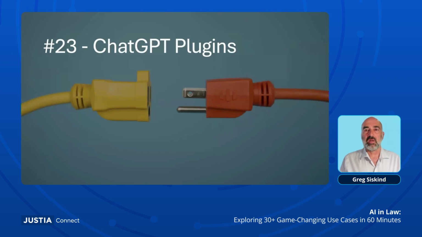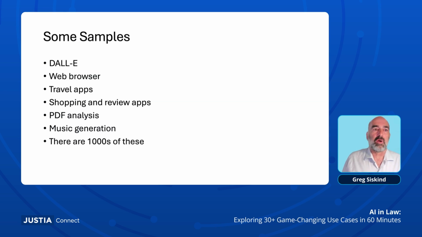ChatGPT plugins are also another one that's not per se a use case, because there are a million use cases that come from ChatGPT plugins. But basically, within ChatGPT, you now have the ability to link it up with other tools, so that it can pull data, for example, from specialized data sets.